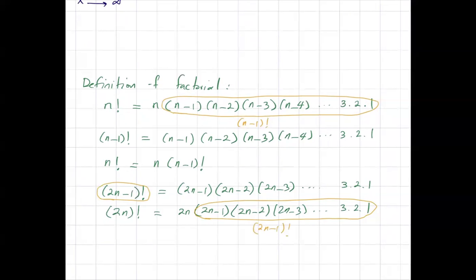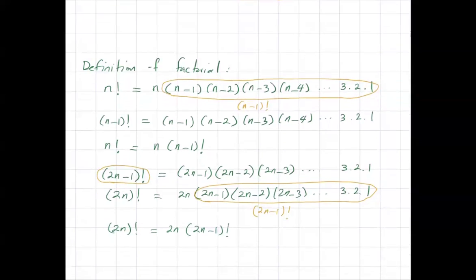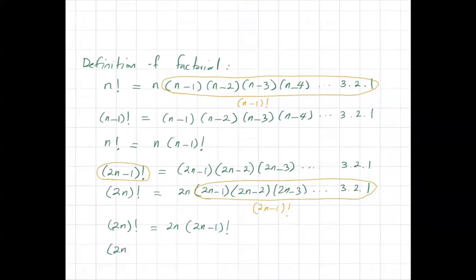So you can rewrite these nicely. (2n) factorial is 2n times (2n minus 1) factorial. What is (2n plus 1) factorial? If I ask you to write (2n plus 1) factorial, it is (2n plus 1) times 2n times (2n minus 1) times (2n minus 2) times (2n minus 3) times 3 times 2 times 1.